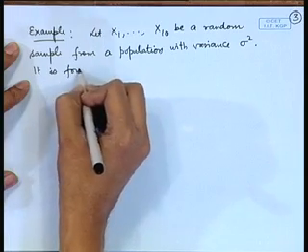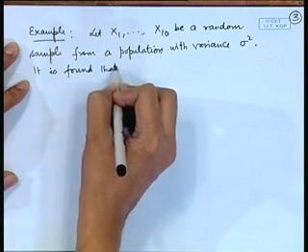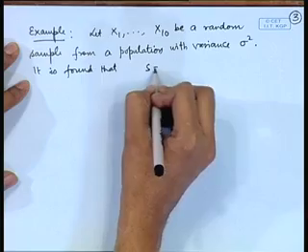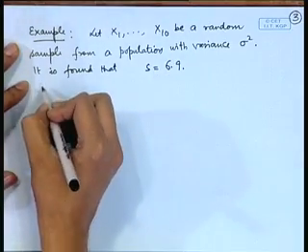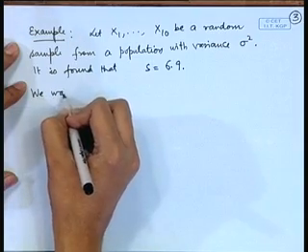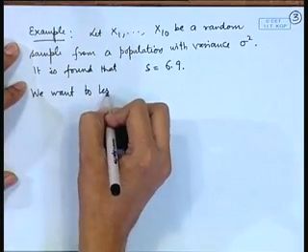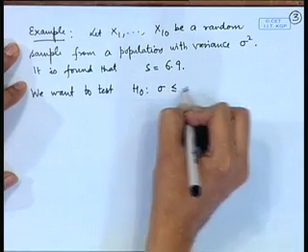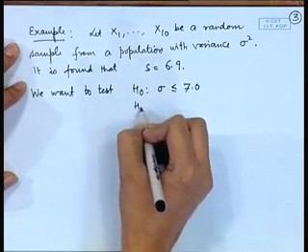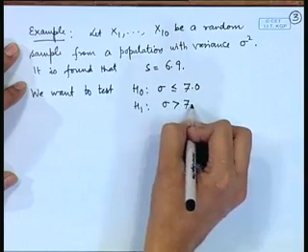It is found that S square, that is S, is equal to 6.9 say. Now, we want to test say H naught whether sigma square is less than or equal to 7 against H1 sigma square is greater than 7.